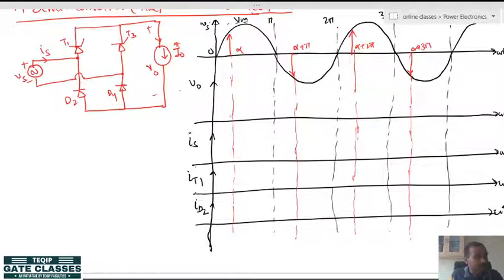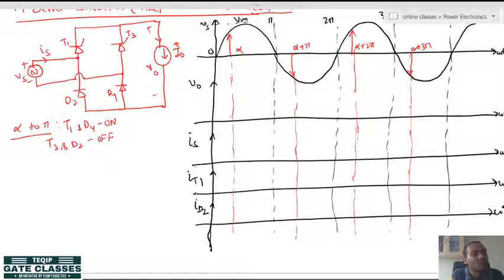Now I start the working from alpha, from alpha to pi. From alpha to pi, the switches T1 and D4 are on and T3 and D2 are off.